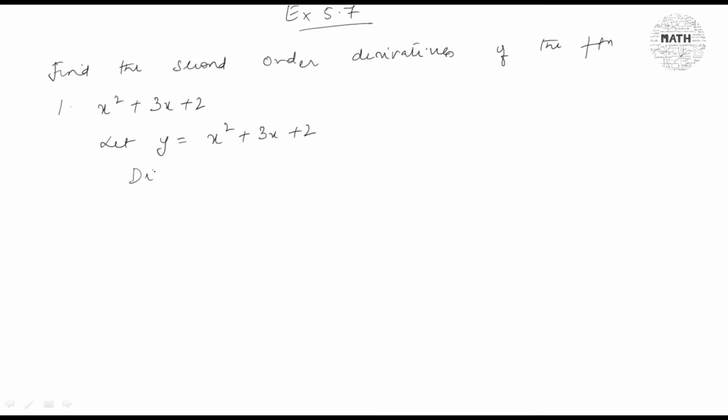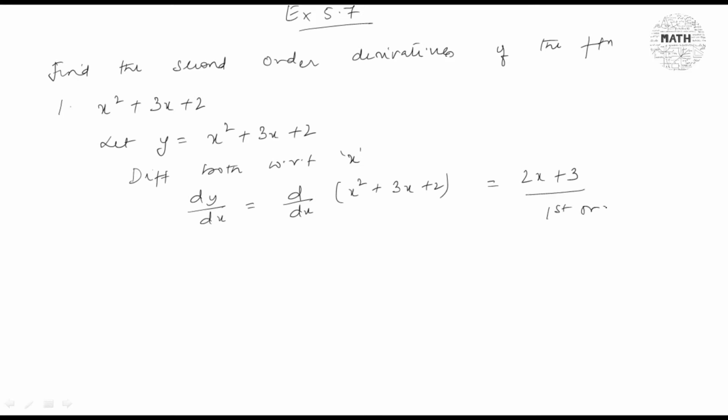So if I differentiate both with respect to x, I'll get here nothing more than dy by dx is equal to d by dx of your x square plus 3x plus 2, which would be nothing more than 2x plus 3. So remember that this one is nothing more than your first order. Clear? So in short, I got here dy by dx to be nothing more than 2x plus 3. Let me give this one to be equation number 1.